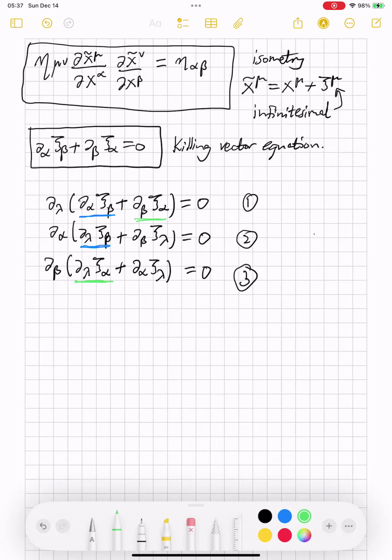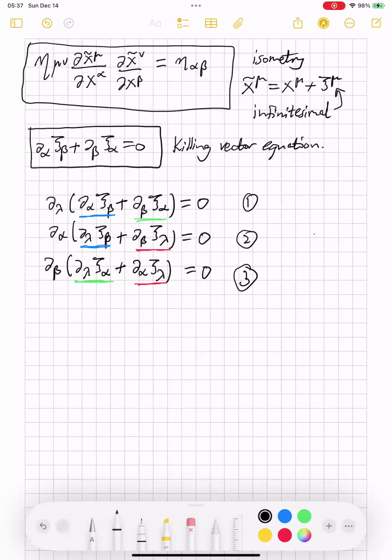We're differentiating ζ_α, and we're taking a β and a λ derivative. And of course, those partial derivatives commute. And then take a look at this term. We're differentiating ζ_λ with respect to α and β, which is exactly the same as this term.